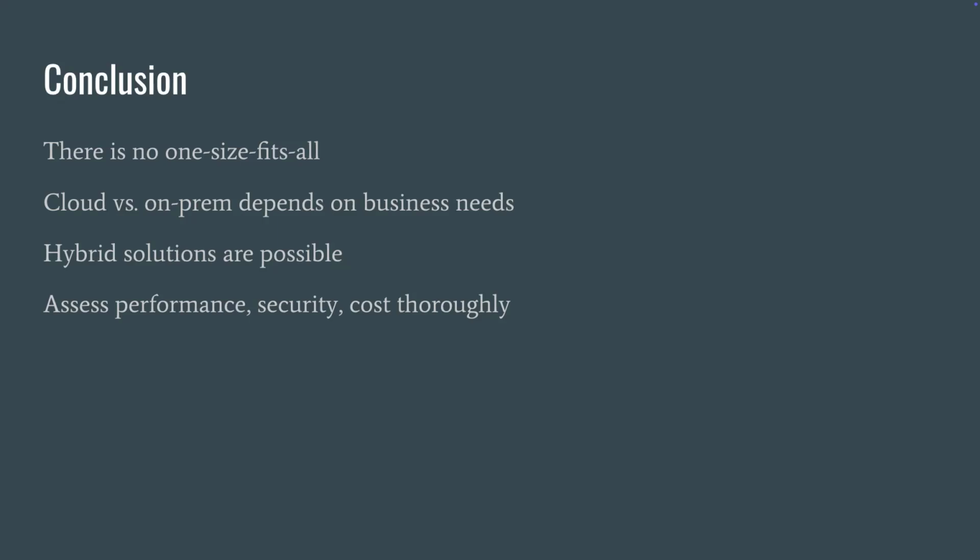The best choice depends on the organization's specific requirements, including performance needs, compliance constraints, scalability, and budget. So some organizations adopt a hybrid approach. These organizations keep certain data or applications on premises while leveraging the cloud for other workloads.